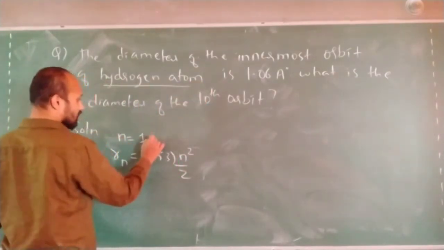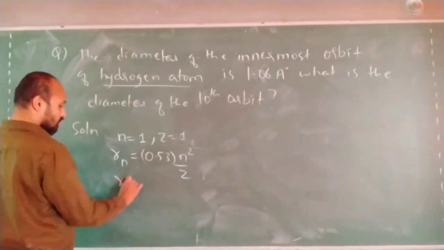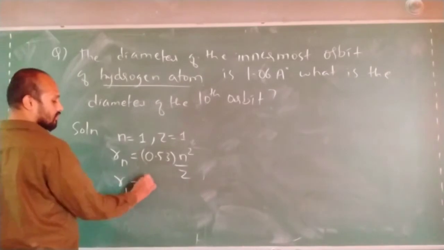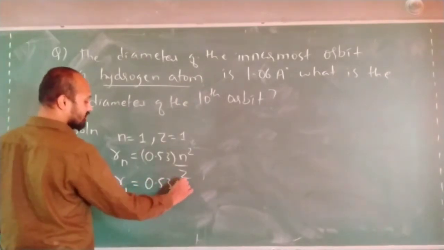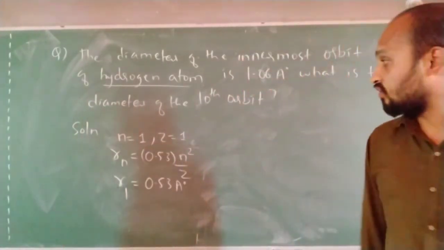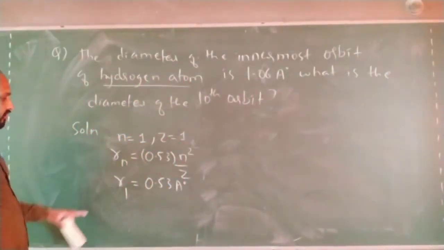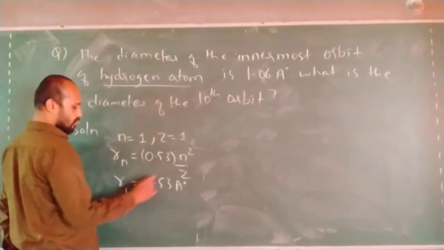Hydrogen atom. So Z is equal to 1, n is equal to 1. For the first orbit, the radius of hydrogen atom is 0.53 angstrom. Correct? So this value is nothing but 0.53.